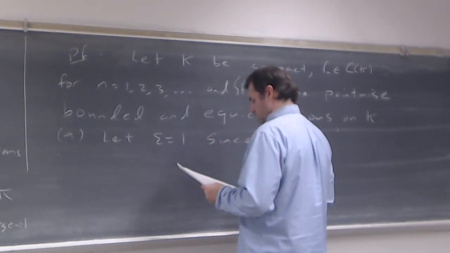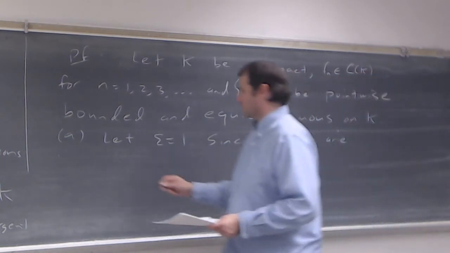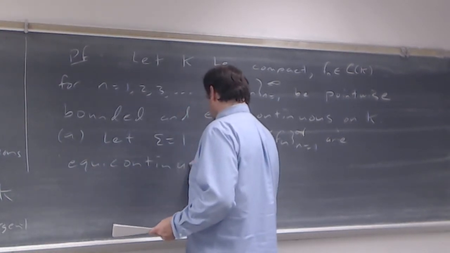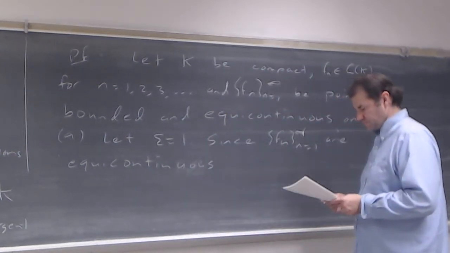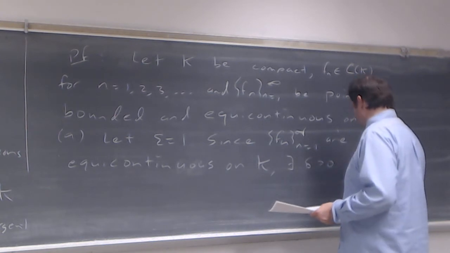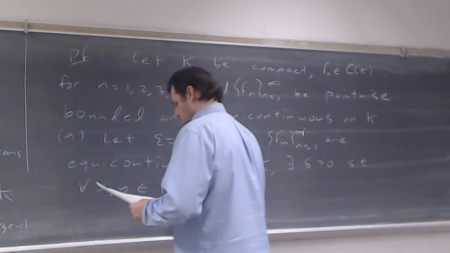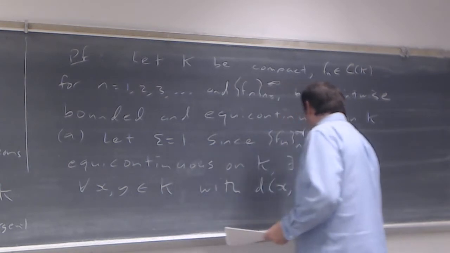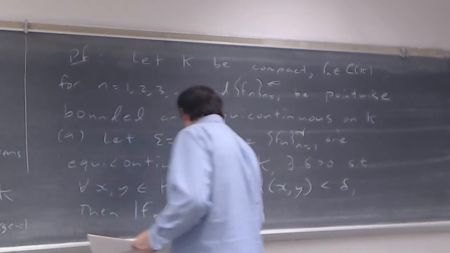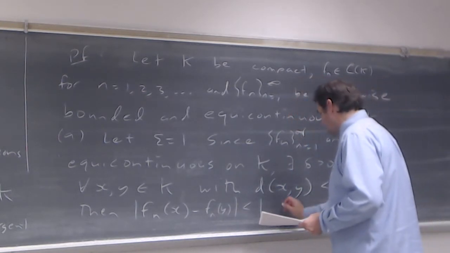Since f sub n are a collection of equicontinuous functions, then there exists a delta bigger than 0 such that for all x, y element of K with the distance between x and y being less than delta, then the absolute value of f sub n of x minus f sub n of y is going to be less than 1, which was our epsilon here, and that's true for all n.